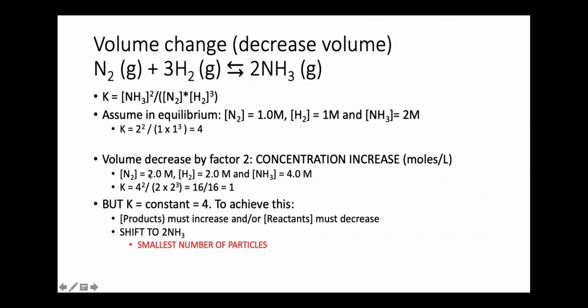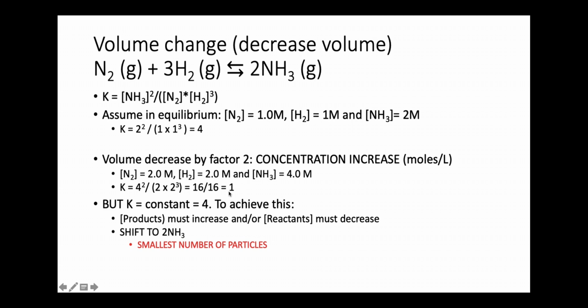So the concentrations of N2 and H2 go up by a factor of 2, and they will both be 2 M. The concentration of NH3 also goes up by a factor of 2, so it will be 4 M. If I plug these numbers into K, I now have a value of 1. But I said K is constant, so K is 4. And now it's suddenly 1, but it has to be 4.